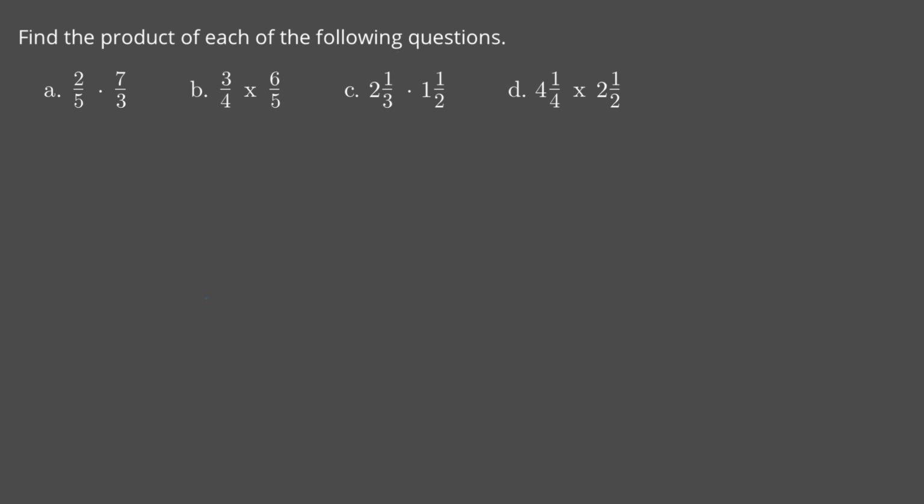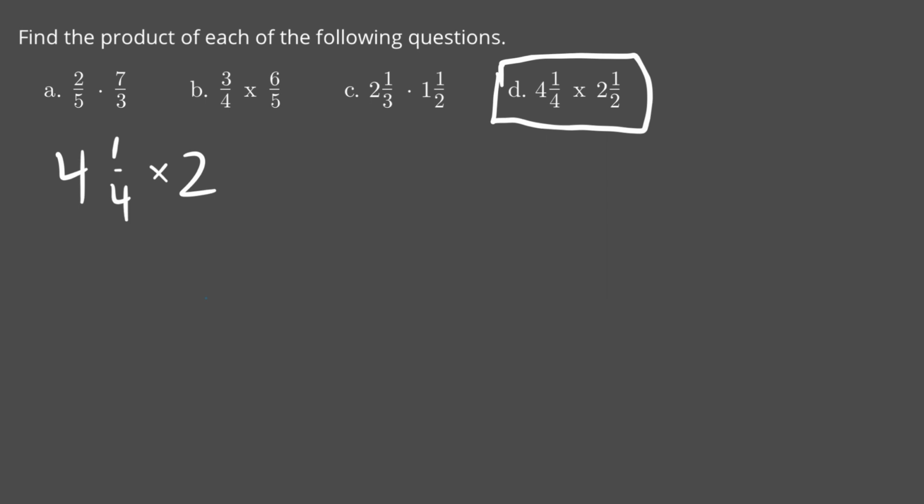For our final problem, we have 4¼ times 2½. This problem is very similar to part C, so I recommend you take the time to pause this video and try it on your own. For this solution, we will rewrite the problem. 4¼ times 2½.